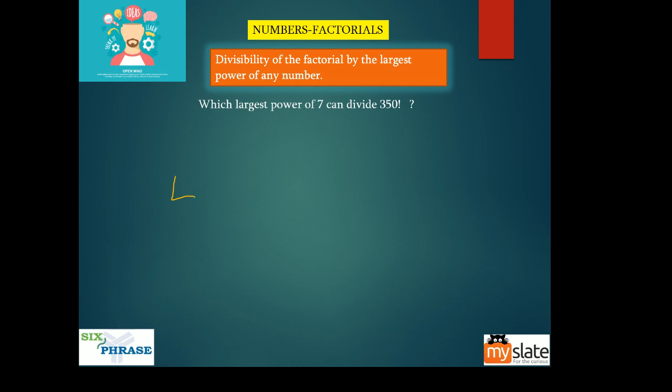We have 4 factorial. What is 4 factorial? 1 into 2 into 3 into 4, right? This is 4 factorial. n factorial is the product of 1 to n, so 4 factorial is the product of 1 to 4. Now I ask you, what is the largest power of 2 which can divide this 4 factorial?